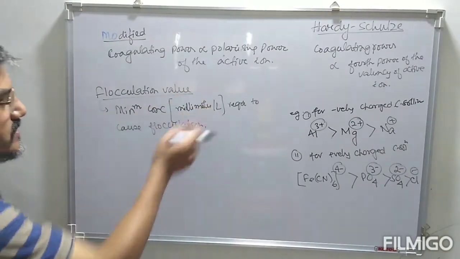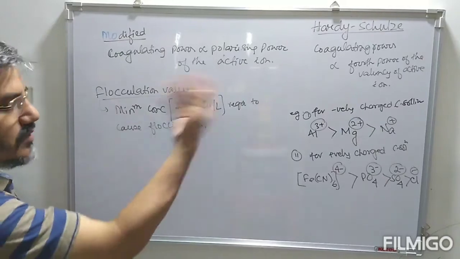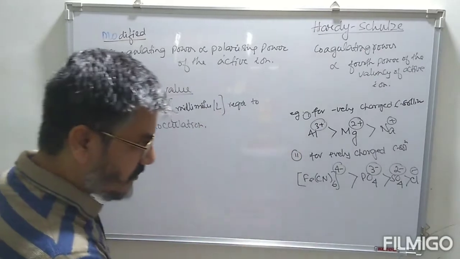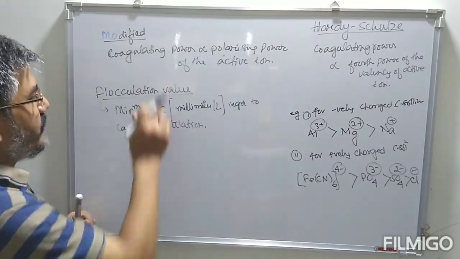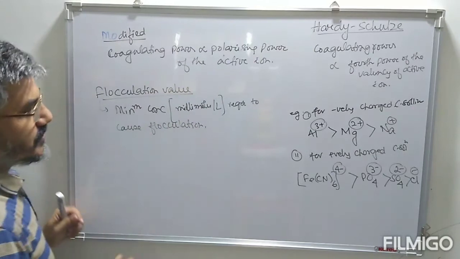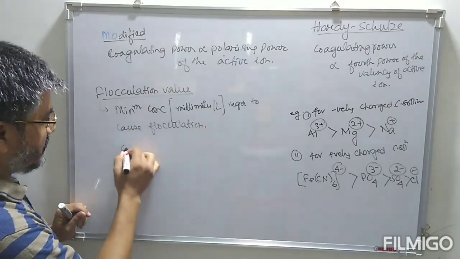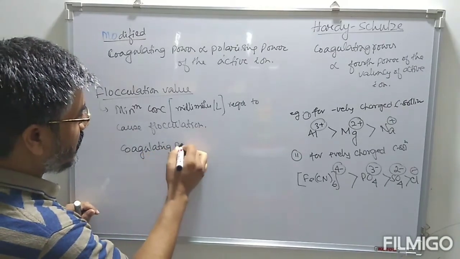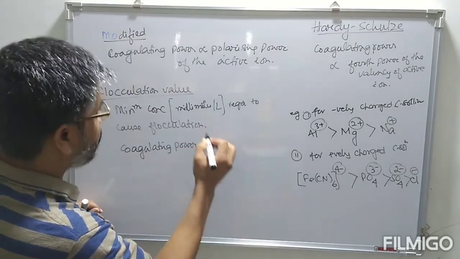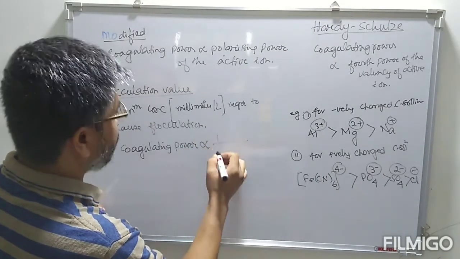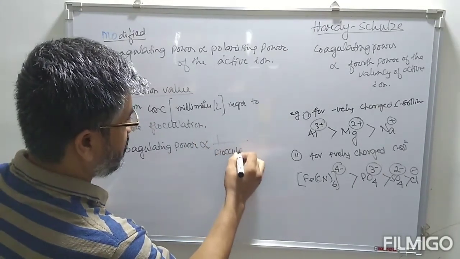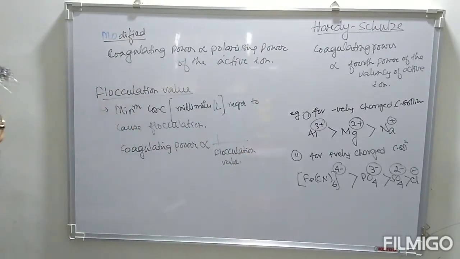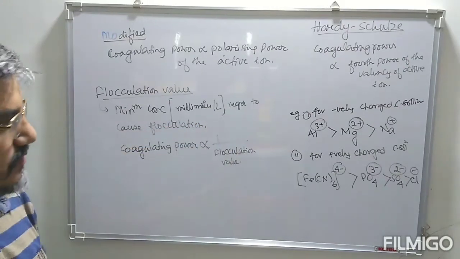So if the minimum concentration required is more, the coagulating power will be less. If the minimum concentration is less, the coagulating power will be more. So when we compare coagulating power and flocculation value, these are inversely related. The coagulating power of an electrolyte is inversely related to the flocculation value.